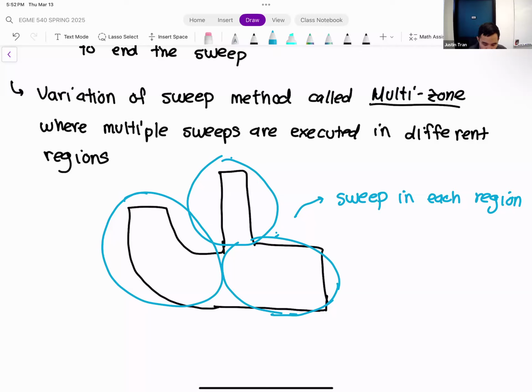Okay. And so, on that topic of hexahedral elements, let's dive a bit deeper into the convergence behavior of the different element types.